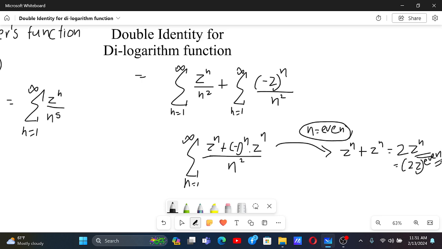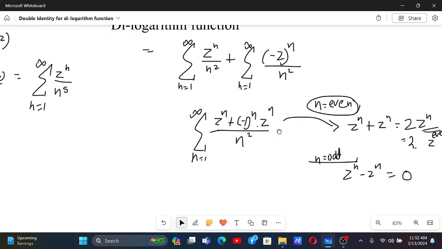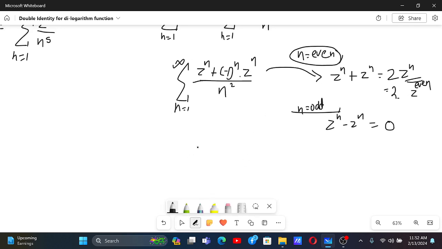Now when n is odd, we will have g to the power n, where n is odd, minus, since minus 1 to the power odd is minus 1, g to the power n. So this is 0.